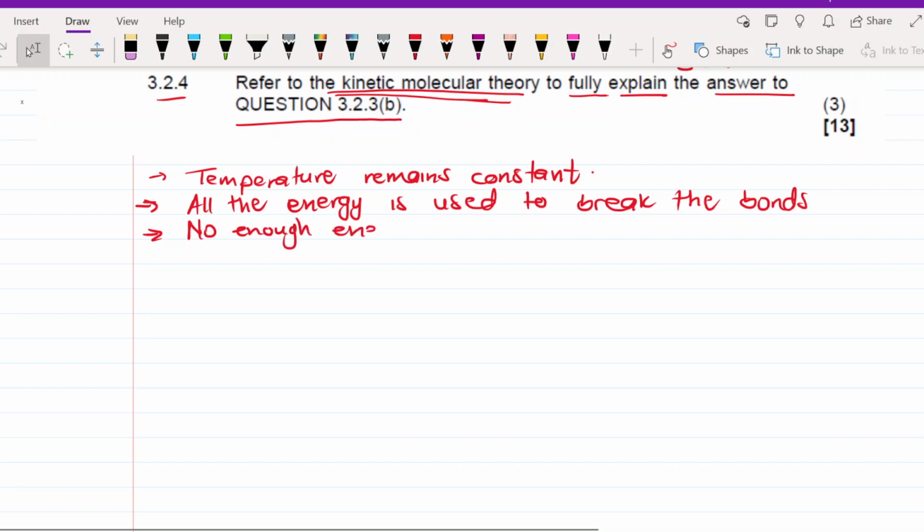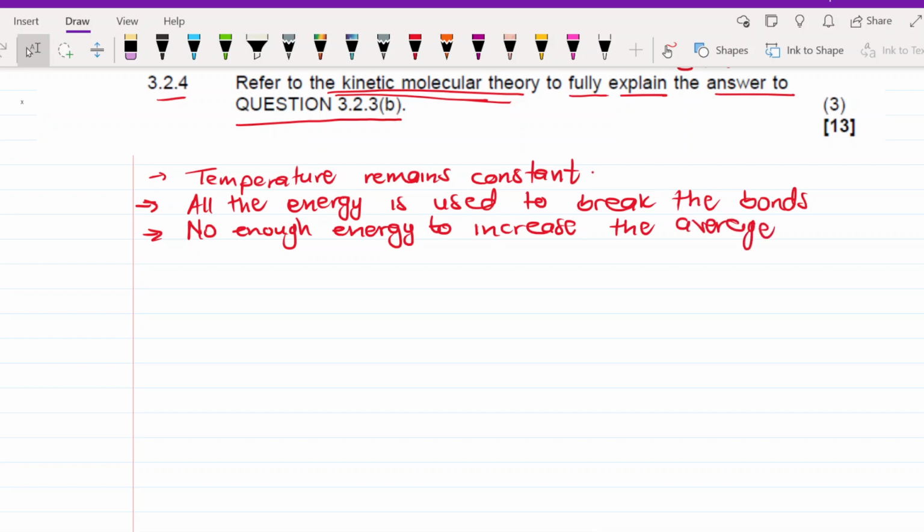enough energy to increase the average kinetic energy of the particles.